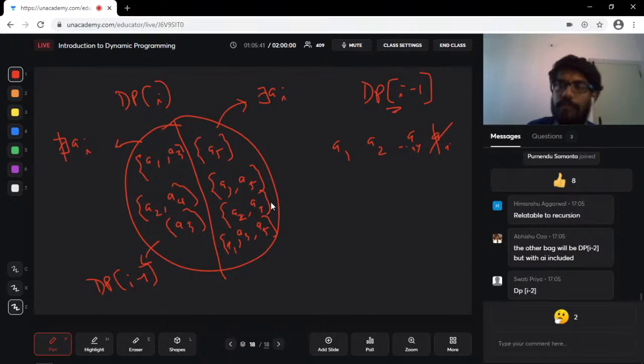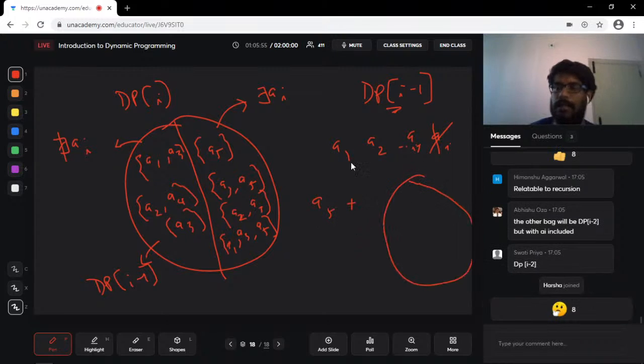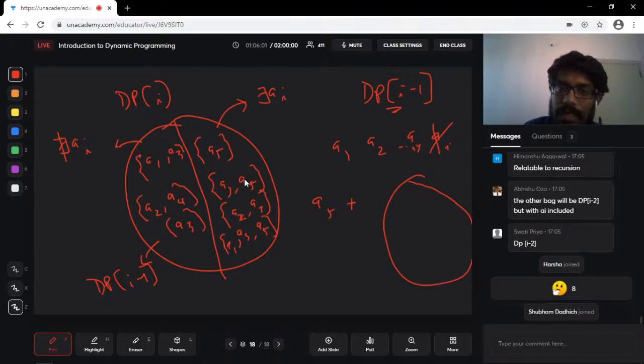So what we're going to do is take a5 away from it. We're going to take this bag and convert it into a5 plus another bag. We're going to remove a5 from each of these because every element in this has a5 in it, so I'm going to pluck out a5 from each of them.